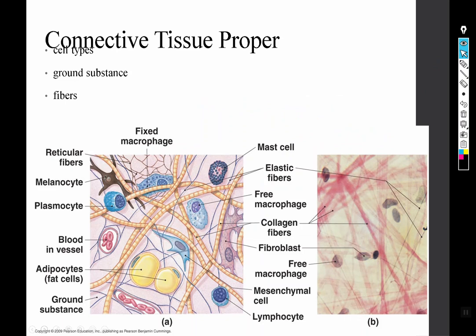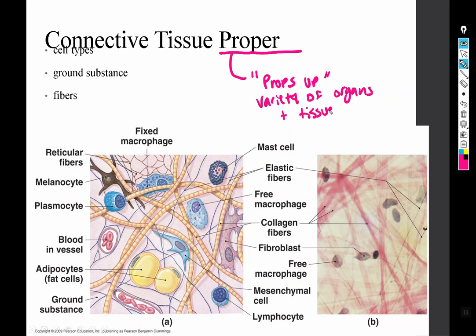So, connective tissue proper, you can think of it as supportive, so props up a variety of organs and other tissues. This is one of the connective tissues proper. This is loose areolar connective tissue, for example.